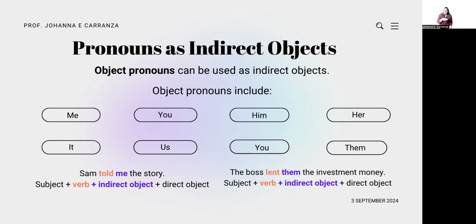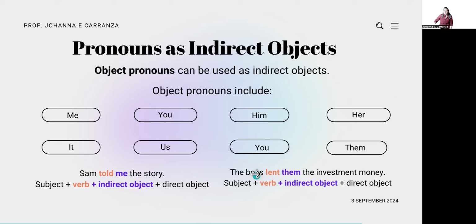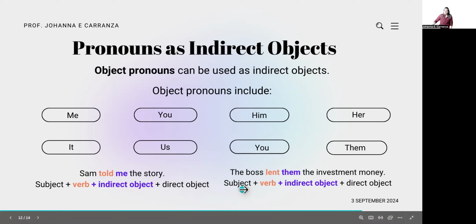That's how these are called. And then the story, which is the direct object. The next sentence is the boss lent them the investment money. So the boss is the subject, lent is the verb, them is the indirect object, and the investment money is the direct object.